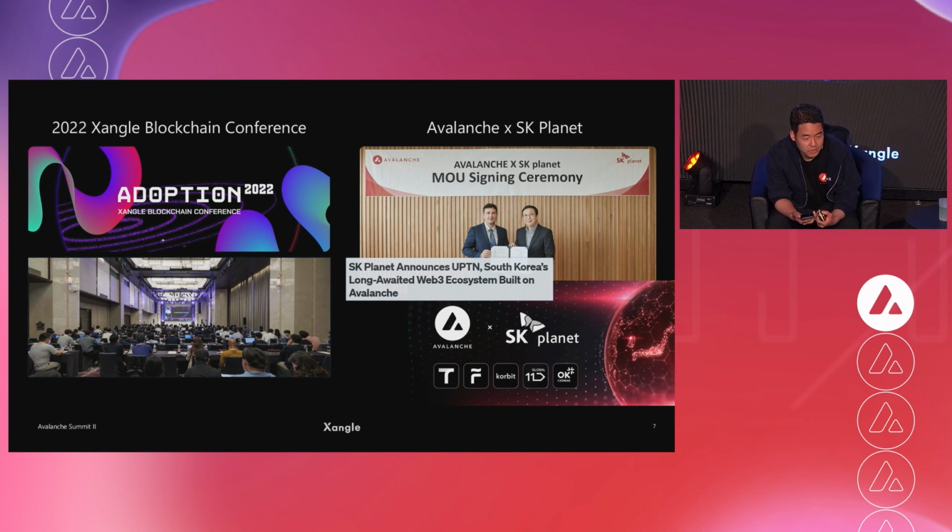Among the guests, there were SK, which is one of the largest conglomerates in South Korea, as well as Avalanche. And recently, they have decided to work together. I want to say congratulations to both, because it's a big step forward for the ecosystem of Avalanche, as well as for SK.